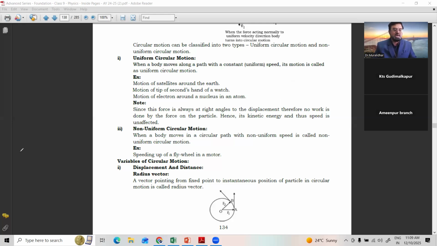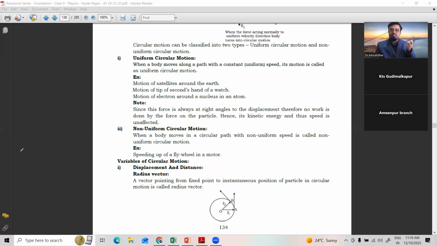The best examples are the motion of a satellite around the Earth and the motion of the tip of the second's hand. You can see a hand watch or wall clock. You observe carefully the second hand. It makes a complete rotation in 60 seconds, 1 minute. Again 1 minute. Again 1 minute. Same, either today or tomorrow or the day after tomorrow, until the watch is dead or the cell is finished.